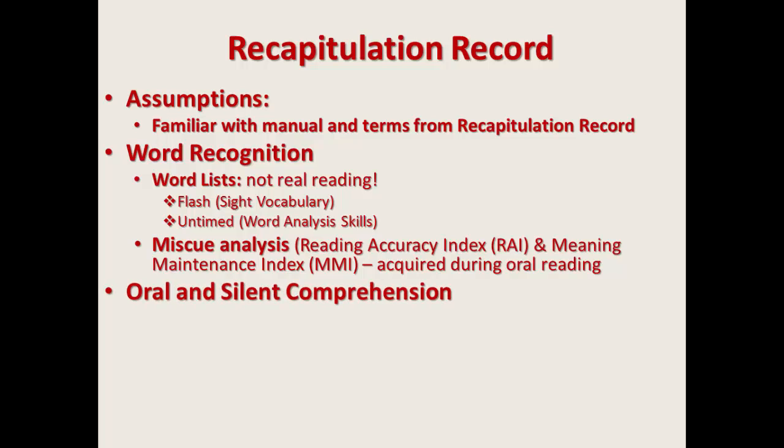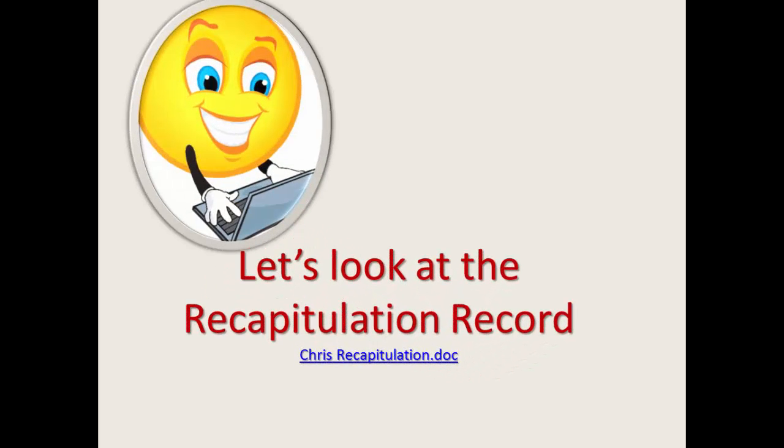Then we have oral and silent comprehension. 3 types of questions for each, retelling for each story, and finally, all of this data is used to help us have insights into reading levels. So, let's look at the recapitulation record.